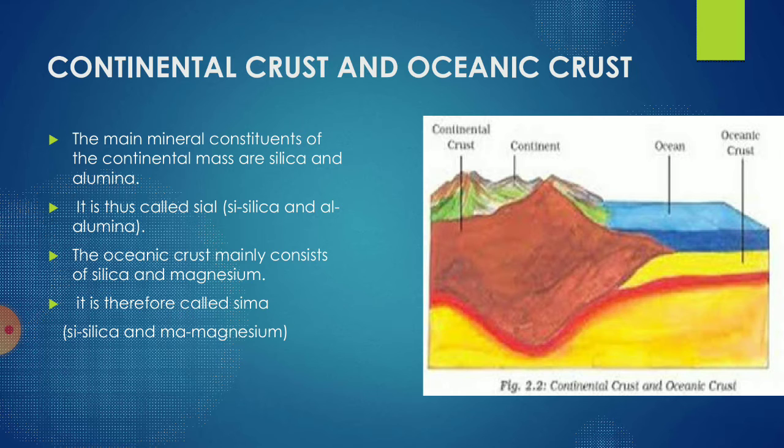Si for silica and Al for aluminium. You can see in the figure. The oceanic crust mainly consists of silica and magnesium, and it is therefore also known as Sima. Si for silica and Ma for magnesium. Right? So there is a vast difference between the continental crust and the oceanic crust.